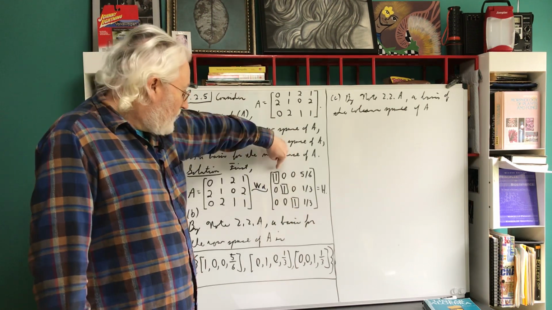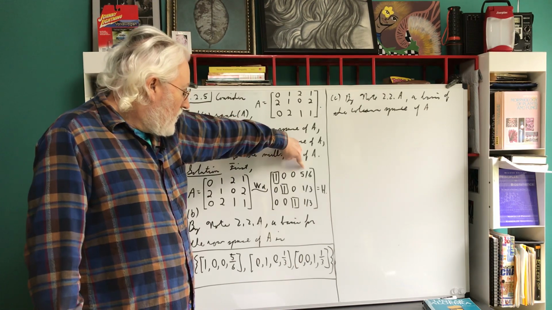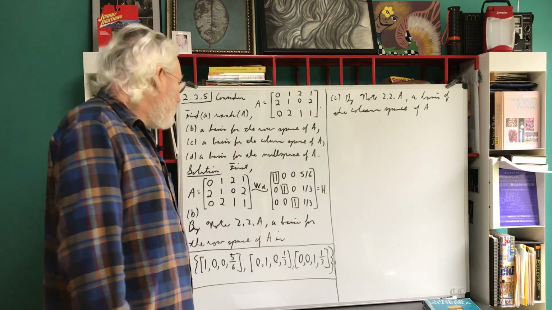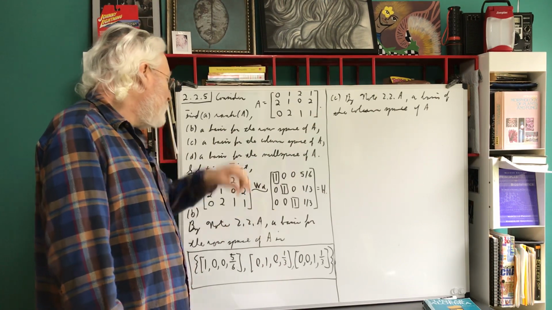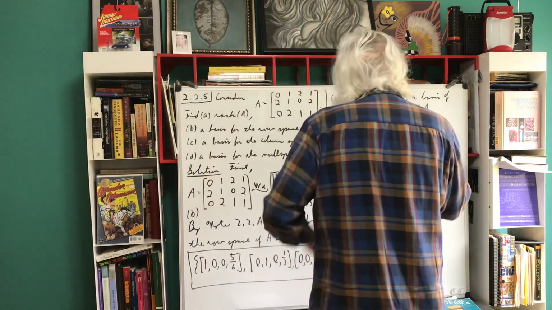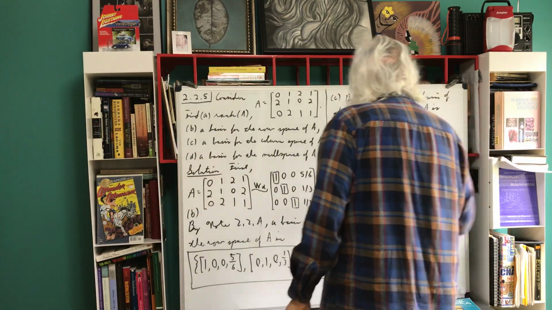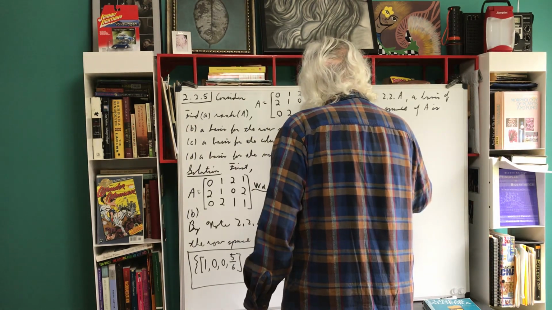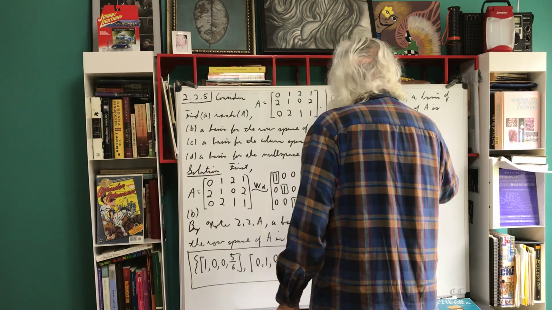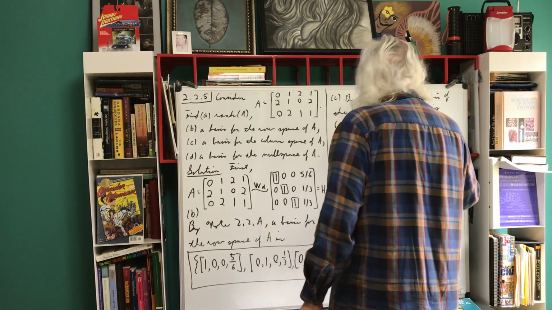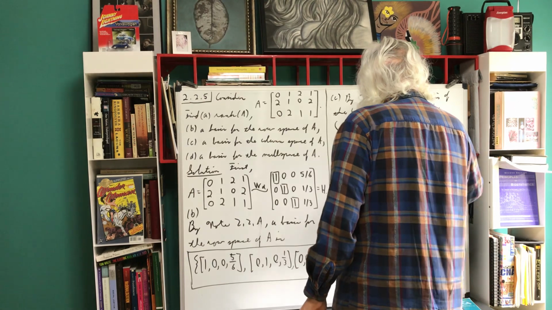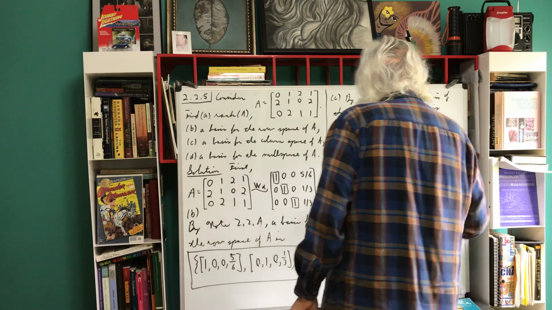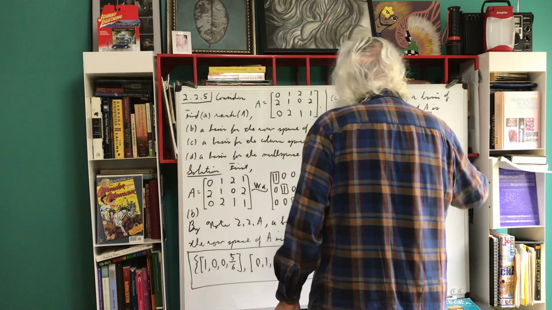The columns of H which contain pivots are the first 3; the 4th column is pivot-free. So for a basis for the column space of A, we'll take the first 3 columns of the original matrix A.